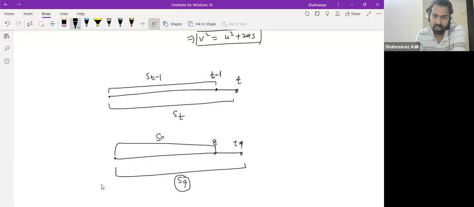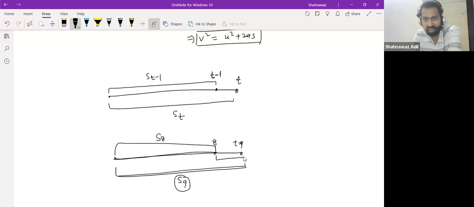Okay. But if I want to calculate the distance traveled in the tth second, or let's say the distance traveled in the ninth second, right? So the distance traveled in the ninth second is this much, because up to 8 seconds this was the distance that it covered, and in 9 seconds it covered this much distance.